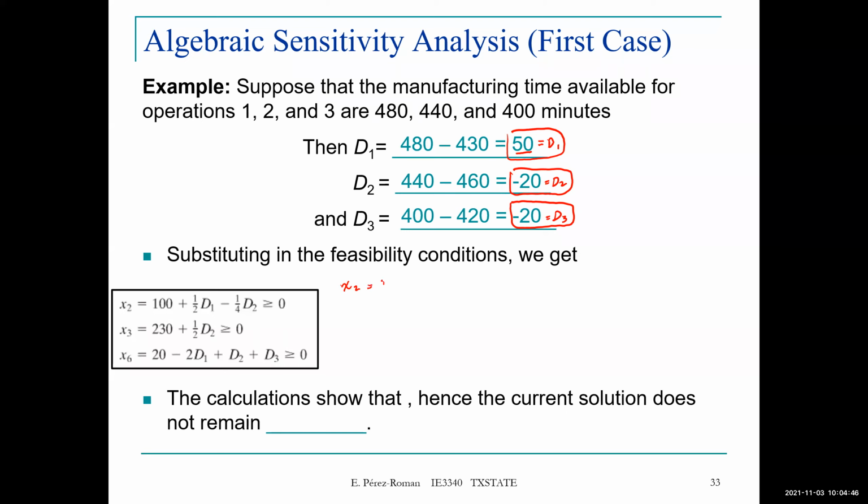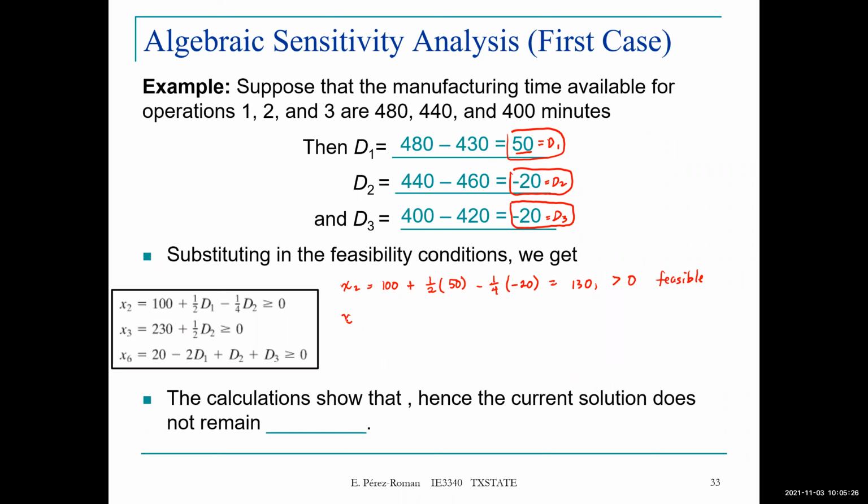X2 equals 100 plus 1/2 times 50 minus 1/4 times minus 20, and this is equal to 130, which is greater than 0, so this is still feasible. Okay, so I can make that change for D1. At least it satisfied the condition for D1 or for the first operation.